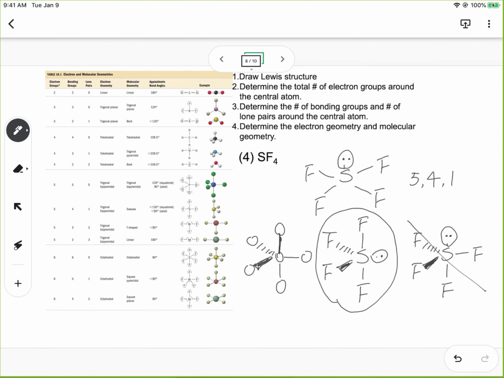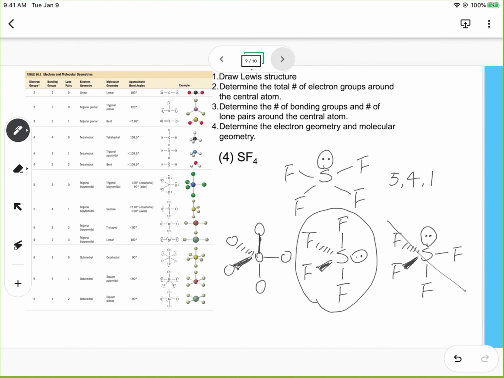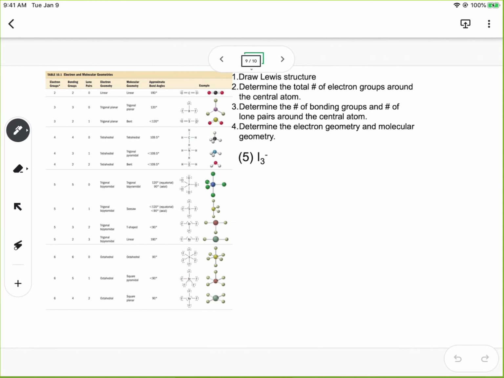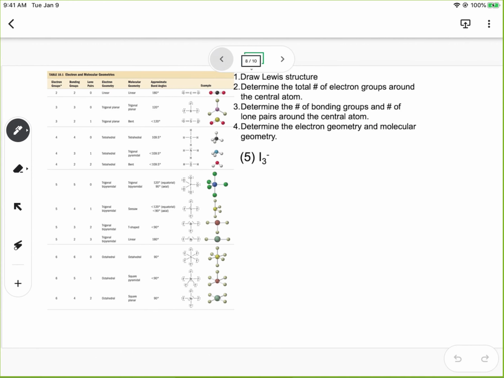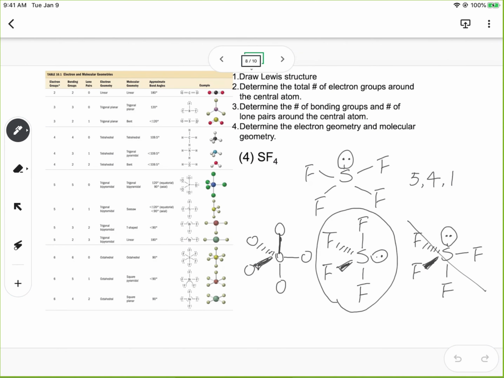All right. Now, next example, before we move on, I want to mention bond angle. As we mentioned, for a standard trigonal bipyramidal geometry, you have 180, 90, and 120. Remember?